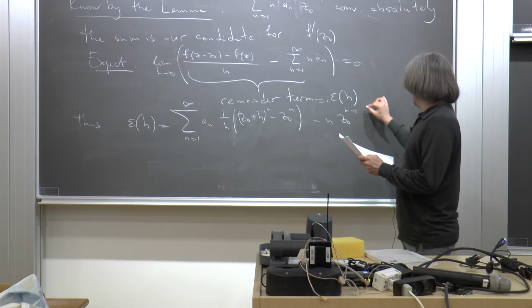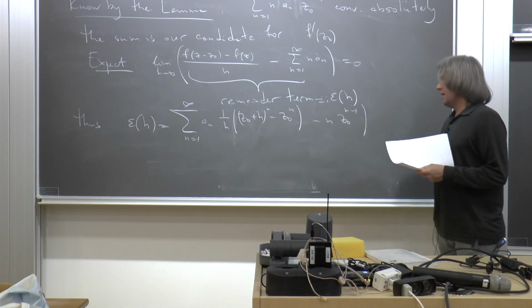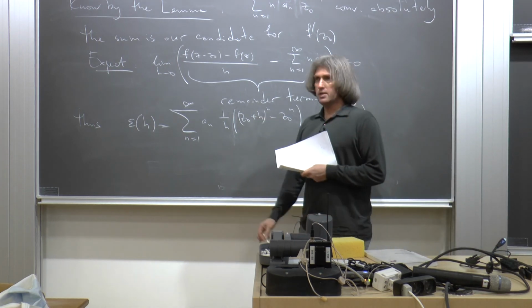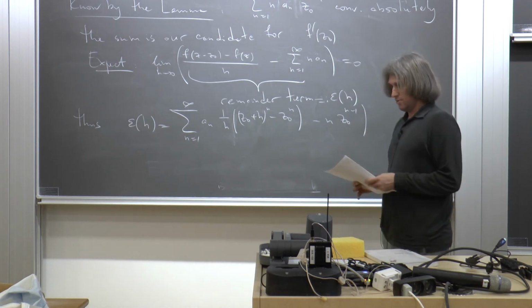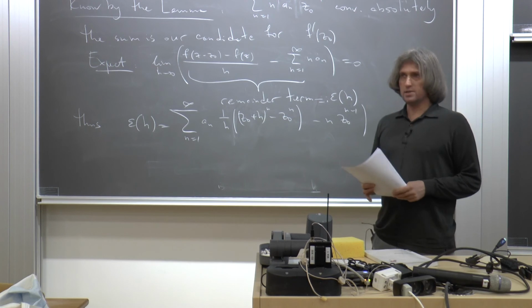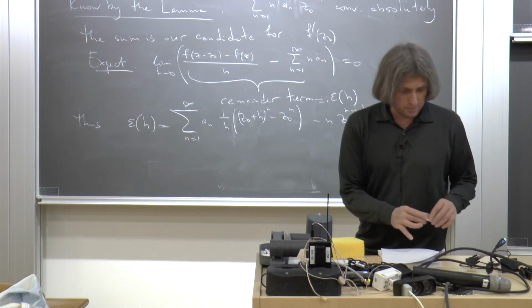So we want to prove that this thing as a function of h has a limit equal to 0 as h tends to 0. That's what we'll do. It's a careful calculation, so we'll continue after the break.